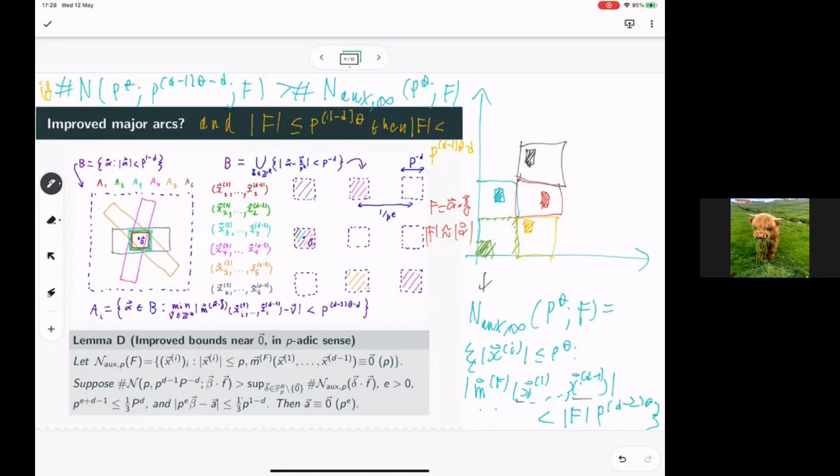can be solved in the case when d is equal to 2, and one can get a good upper bound for this. But the problem is that if you take d to be bigger than 2, then this multilinear system of inequalities becomes a very nasty problem, and getting a good upper bound on the number of solutions becomes difficult. So that's what I think is really the advantage of seeing it from a p-adic perspective.